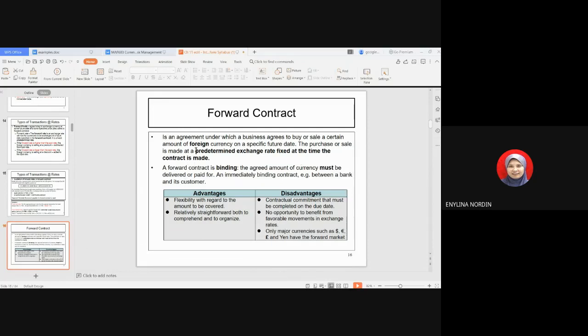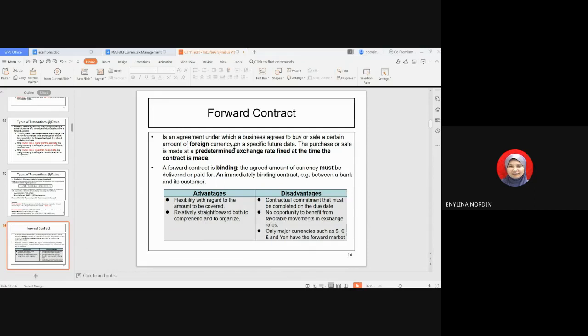That means the forward contract is a contract that specifies the predetermined exchange rate and the specified period, for a specific future date.